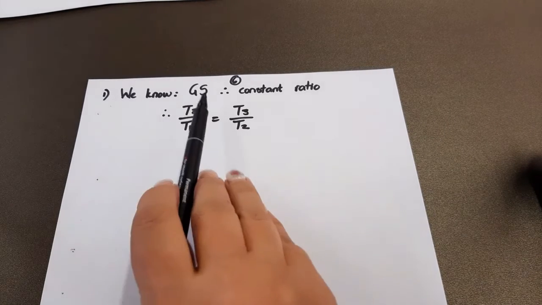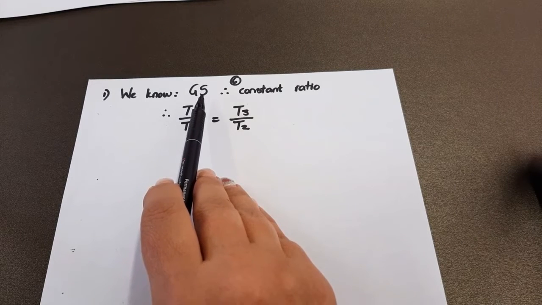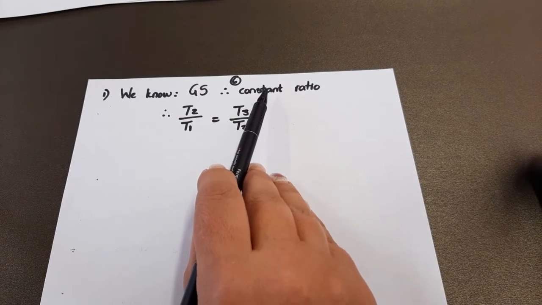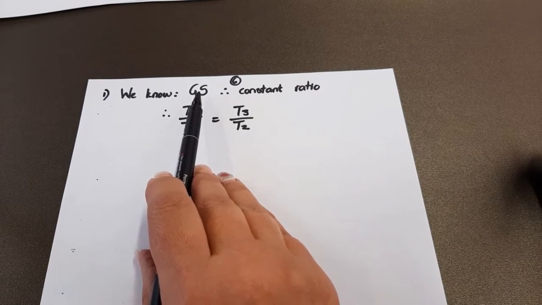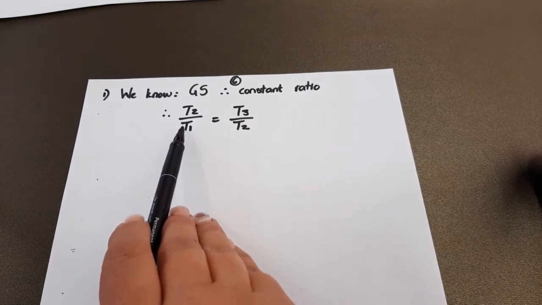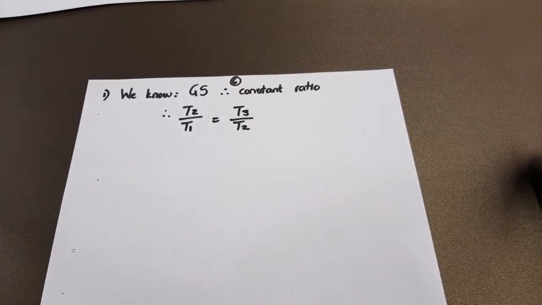We know that we are working with a geometrical sequence because there is a constant ratio in a geometrical sequence. We can use this ratio formula.